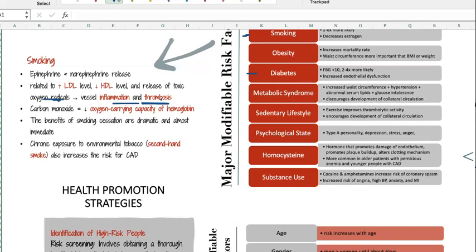And you can see how that happens, because you don't have that sudden release of epinephrine and norepinephrine that's constantly happening. People are smoking a cigarette every couple hours, and you're having this release every couple hours. You can just imagine what that's doing to your body.